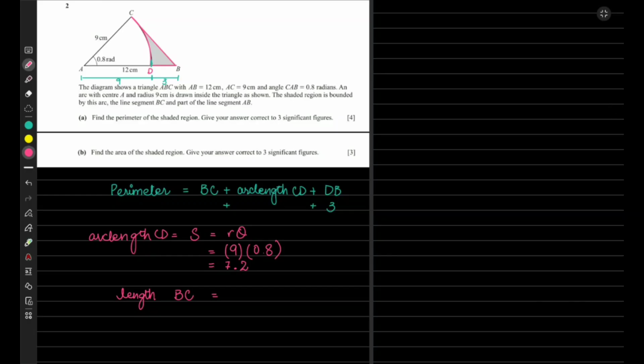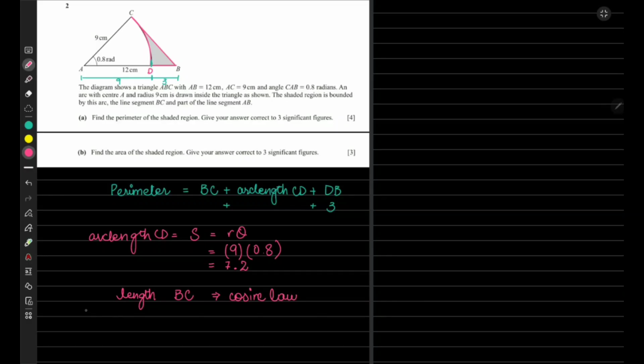You could use the sine rule to find angle B, but if you want the BC side, the cosine law is the best way. So we are using the cosine law for that.